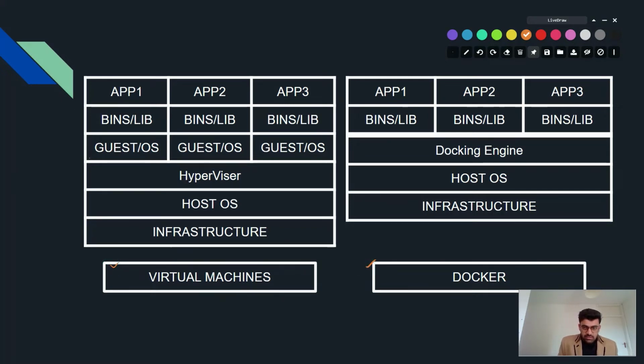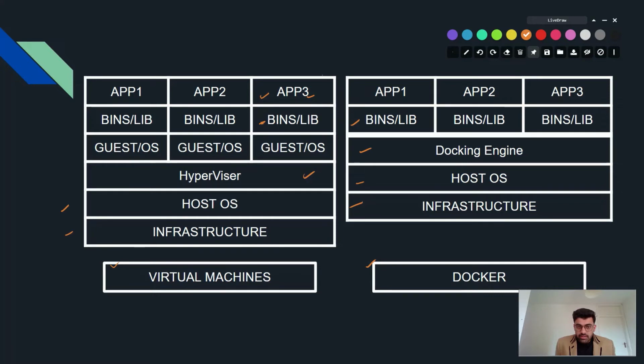As you can see, almost everything is the same: infrastructure, host OS, and then there's the Docker engine and the hypervisor. Then afterwards, the libraries are there, and above the libraries, once all libraries are installed, you will be coding the app.